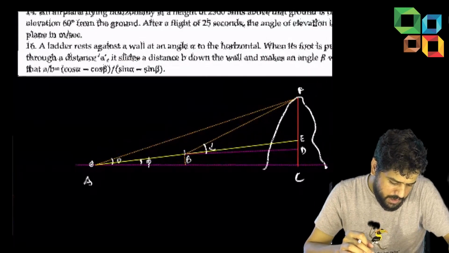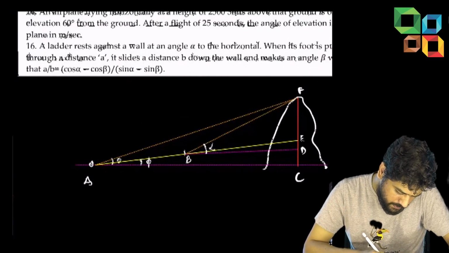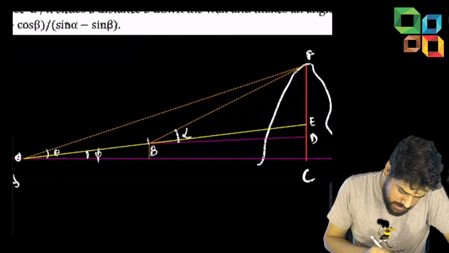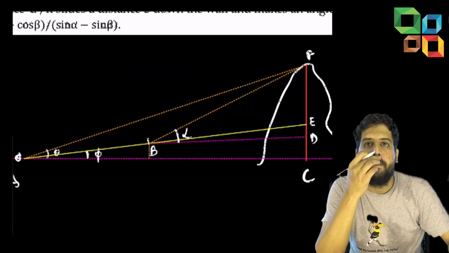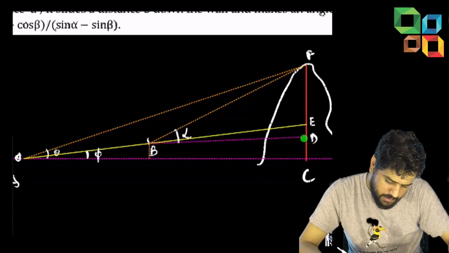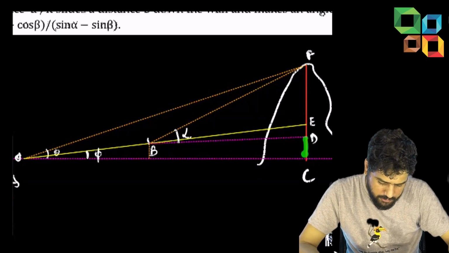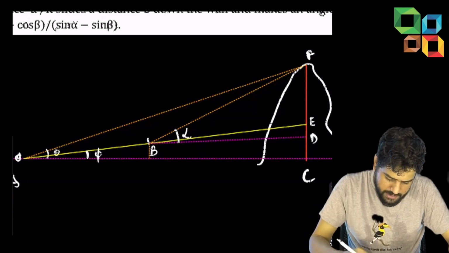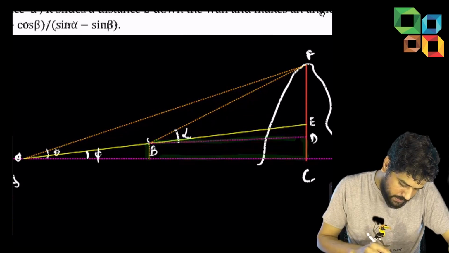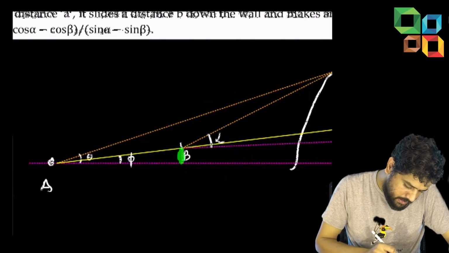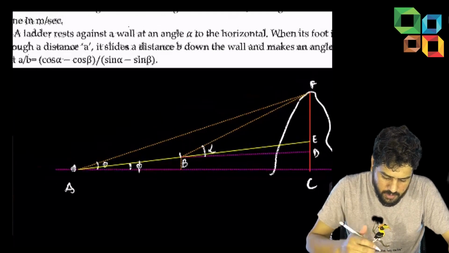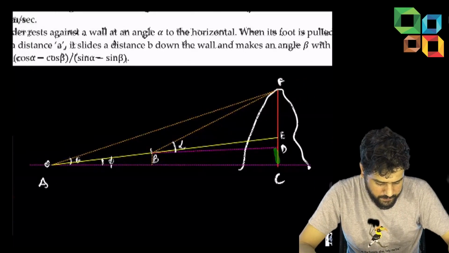How can you find BC? BC is this length, no? No, sir, DC. DC, this height. Yeah, this height we can find. Good. Because this height will be the same as this height because these two lines are parallel. And since we know this length, this height we can find. Good. So this part of the height is done.